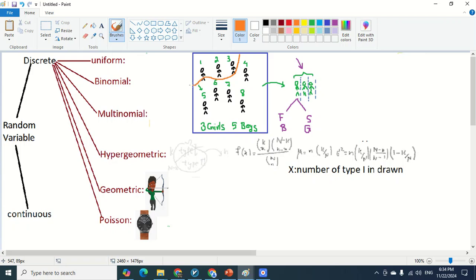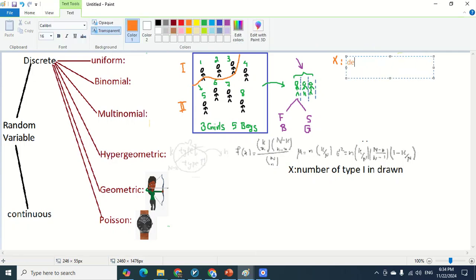It means that right now I can divide this population into 2 parts. One part is type 1, which is in our favor, and the other one is type 2, which is not in our favor. Let X denote this random variable.